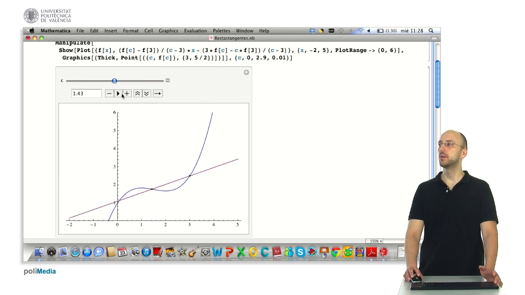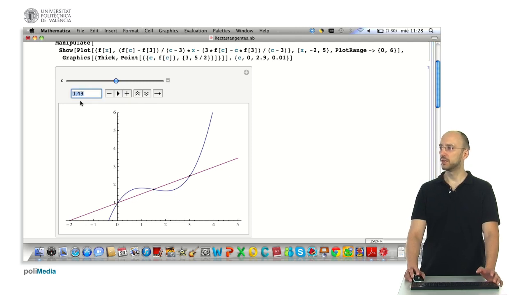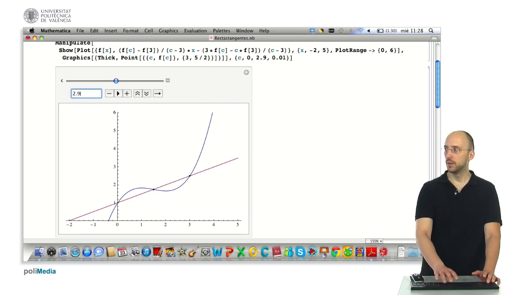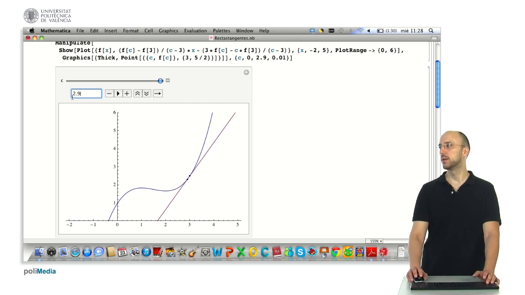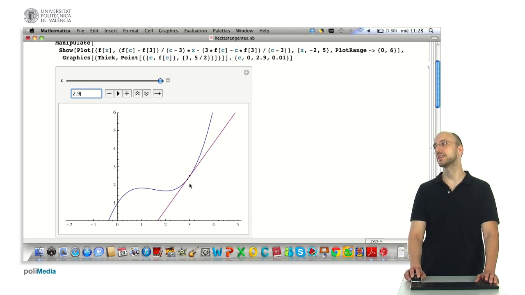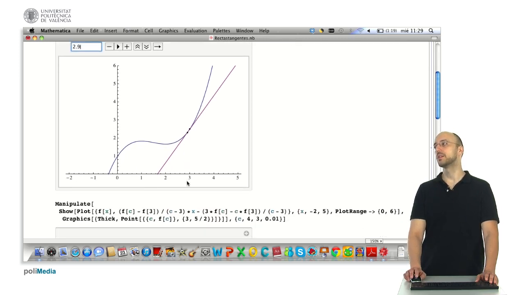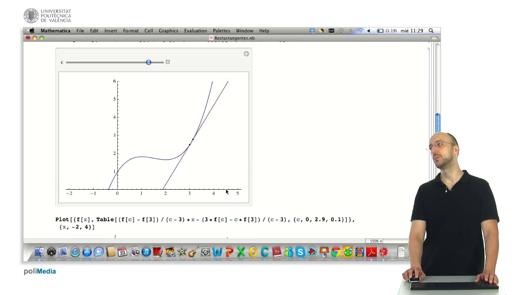I'm going to adjust the point on the tangent line. I'm moving it. Let's set it at 2.9. What you'll notice now is that this is essentially the tangent line. I'm going to adjust it slightly a few more times, and this line here is what we call the tangent line. I could have approached it from the other side as well without any problem.